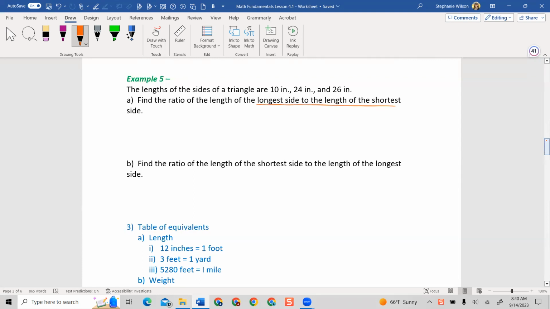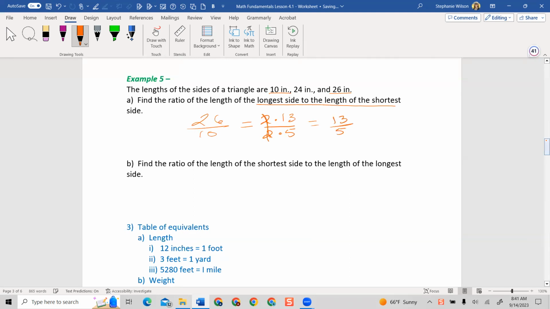All right, so the longest side is 26 and the shortest side is 10. So I'm going to have 26 over 10. We always reduce, right? Unless it specifies not to. So I'm going to try 2 because they're both even. So 2 goes into 26 13 times. 2 goes into 10 5 times, and it reduces by 2. So my answer is 13/5.